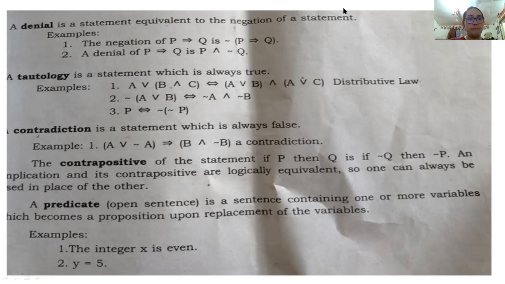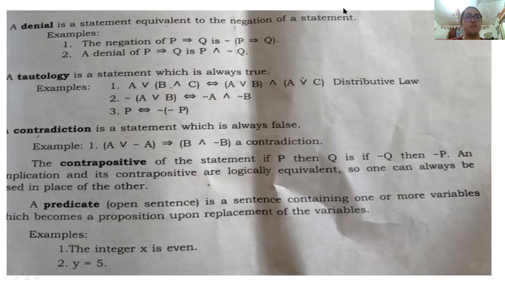A predicate or an open sentence is a sentence containing one or more variables, which becomes a proposition upon replacement of the variables. So it replaces something. Example: the integer x is even, y is equal to 5.